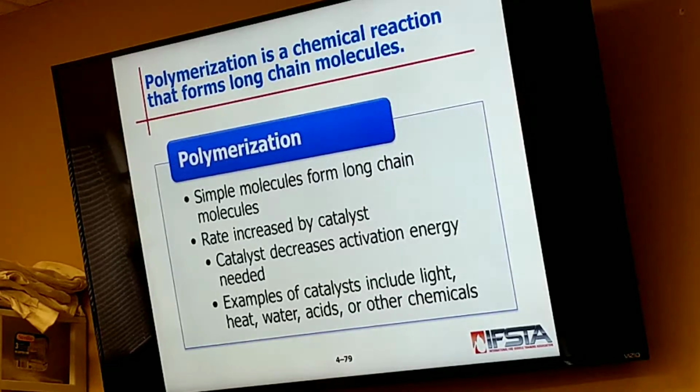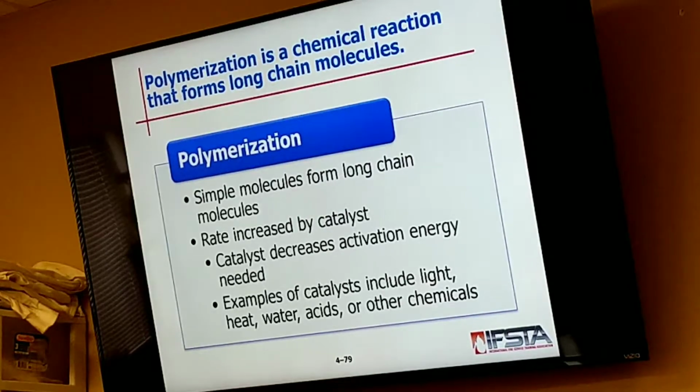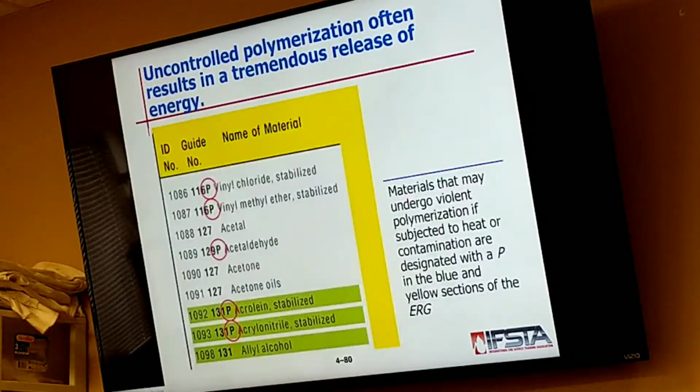Uncontrolled polymerizations often result in tremendous release of energy. Remember when we had that in the book, if the guide had a P behind it, it would polymerize. Yeah, there they are, right there. So just remember, if you see that P, we've got other problems.